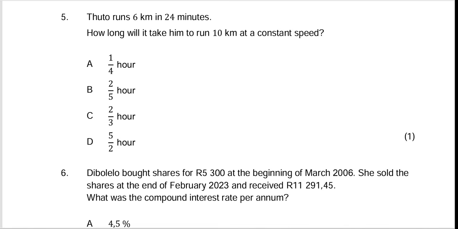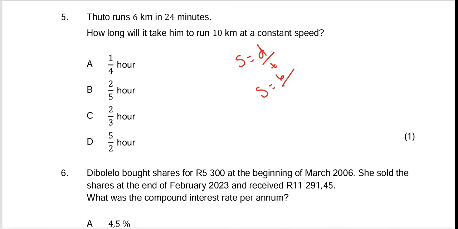So what are we going to do? We're going to look for a speed first. And then how long, we are looking for what? For time. So let's look for a speed first. For speed, we know a formula. Speed is what? It's distance over time. Speed is going to be, Tuto runs 6 kilometers over, in what?